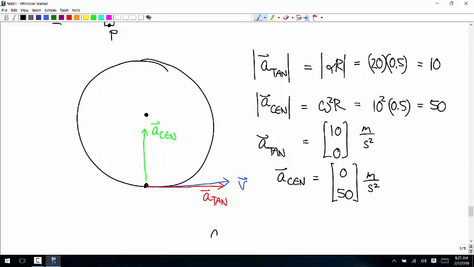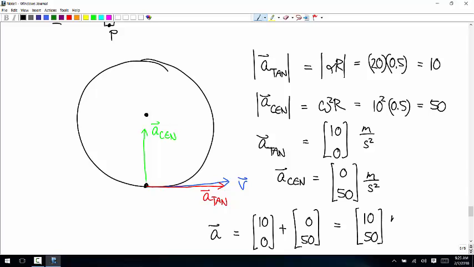And so the total acceleration is 10, 0 plus 0, 50. So 10 for the x, 50 for the y, meters per second squared. Any questions about that?